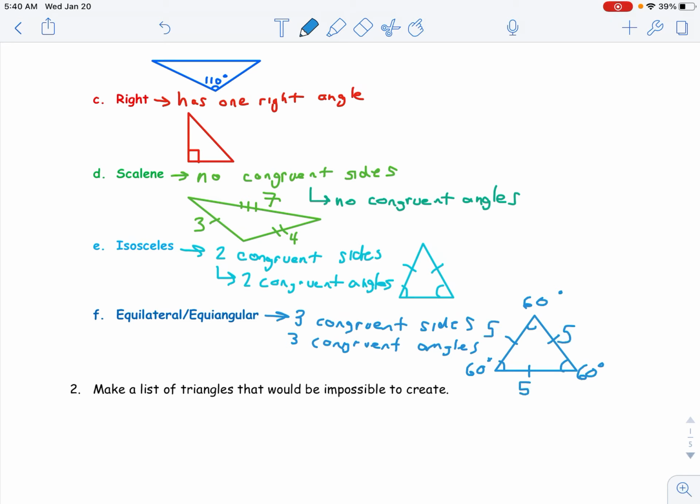It could be anything. Alright, make a list of triangles that would be impossible to create. Well, you can't have a right equilateral or even an obtuse equilateral.